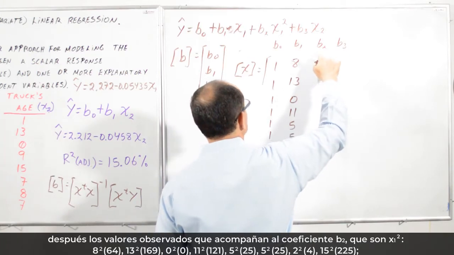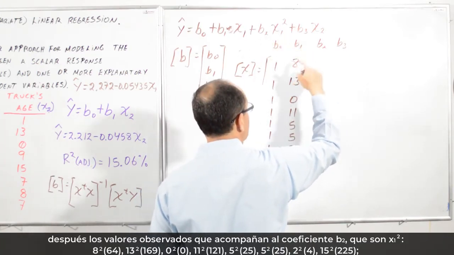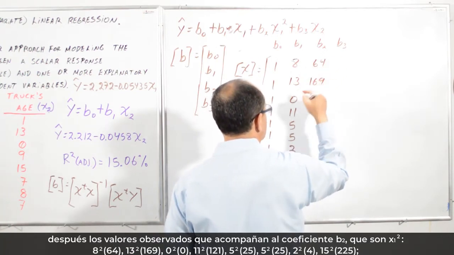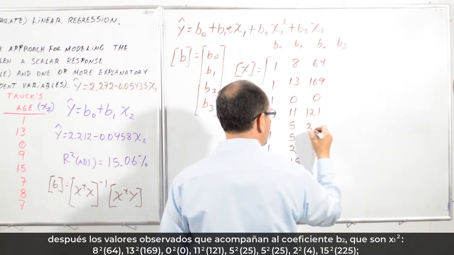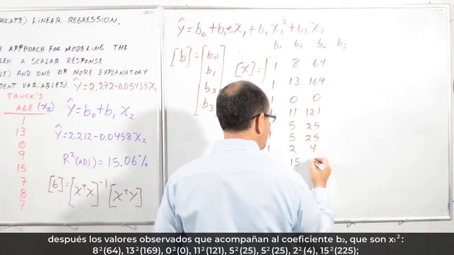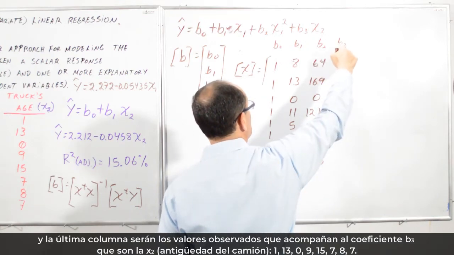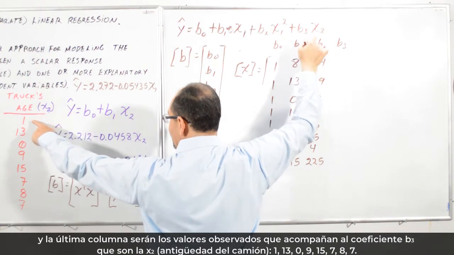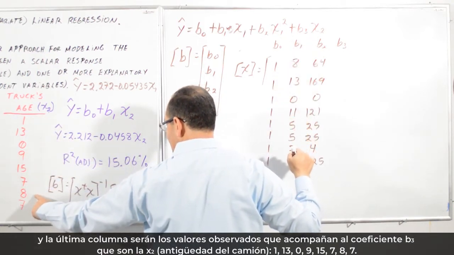The one that goes with B2 is X1 squared: 8 squared, 13 squared, 0 squared, 11 squared, 5 squared, 5 squared, 2 squared, and 15 squared. And the one that goes with B3 is X2, which is the truck's age. Then the values will be 1, 13, 0, 9, 15, 7, 8, 7.